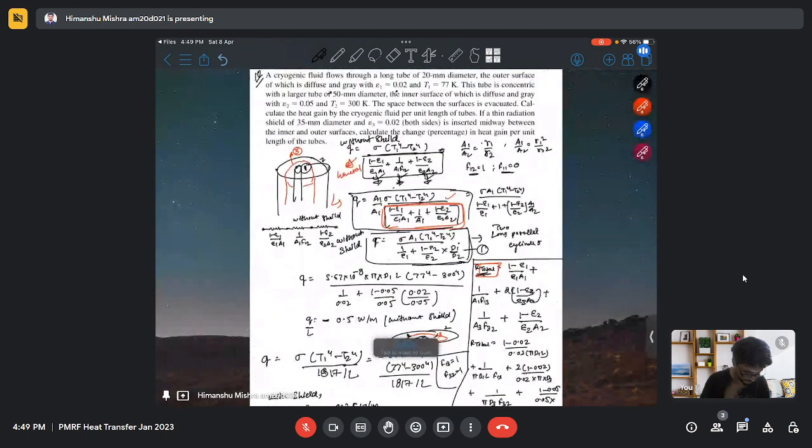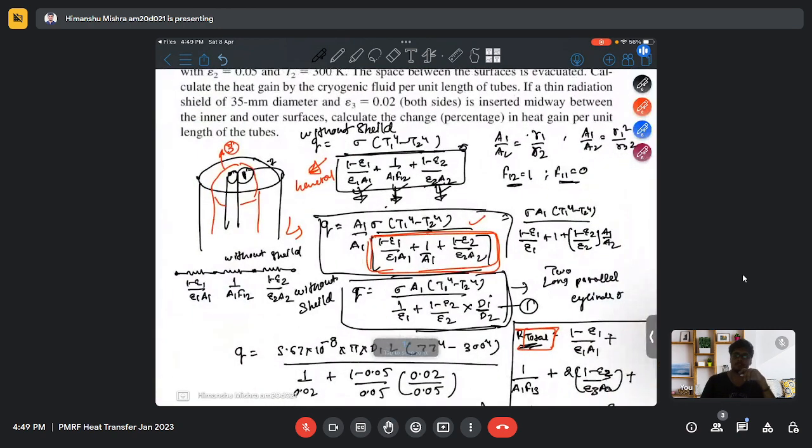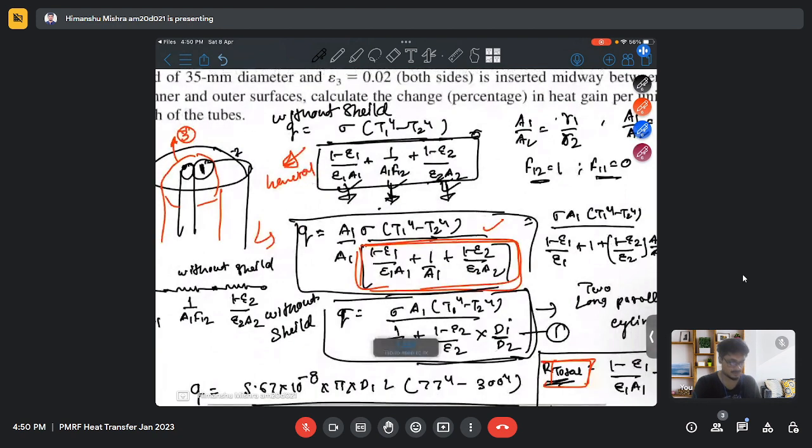So just to recap, we were given two circular cylinders and we want to find the heat transfer between the two circular cylinders with or without shield. A shield is basically another surface with a lesser magnitude of emissivity. First we found the heat transfer with the two surfaces, that means without shield. We used this general equation, which is valid for all kinds of geometry like parallel spheres, parallel plates, parallel cylinders, and so on.